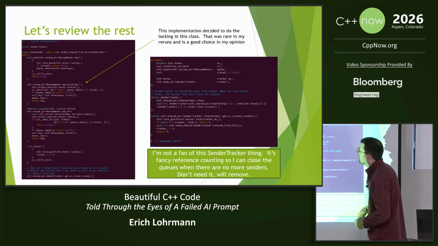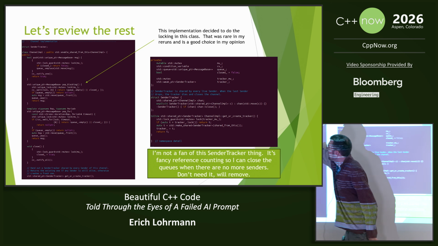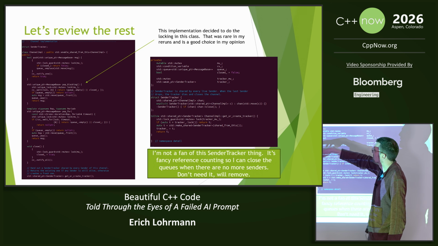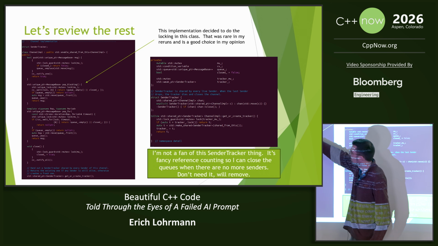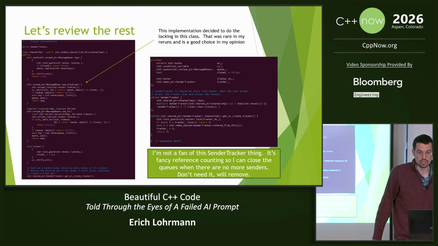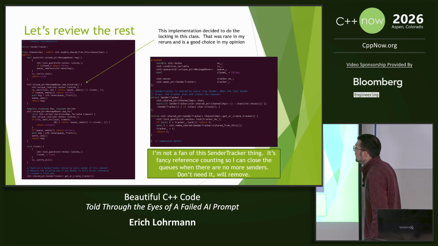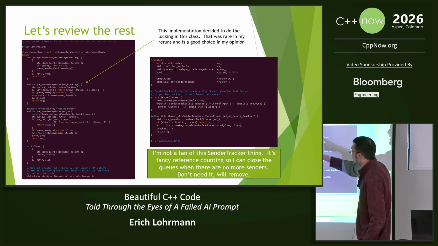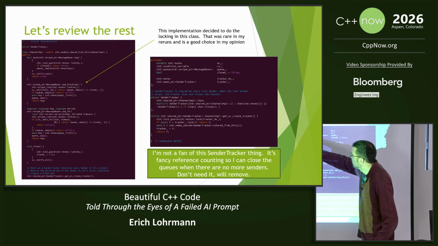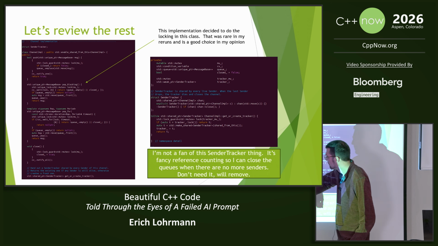I got really worried when I saw this sender tracker struct forward declaration and this enable_shared_from_this. Oh boy, what are we doing? That's extra levels of complication I didn't expect. But in the channel implementation, it has push, pop blocking, and pop for.